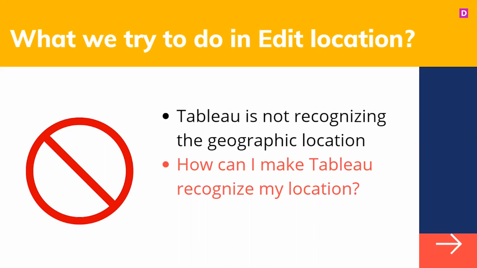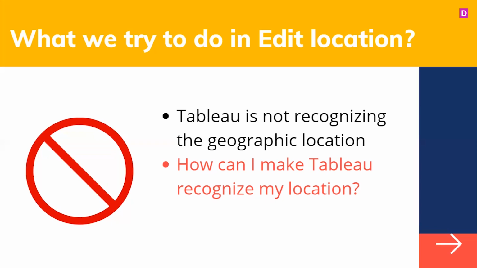There is always a possibility that you give some city which Tableau is not in a position to identify, maybe because the database does not have that information. In that situation, we should have an option where you can make Tableau recognize your location. That is what you call the edit location option in your map.